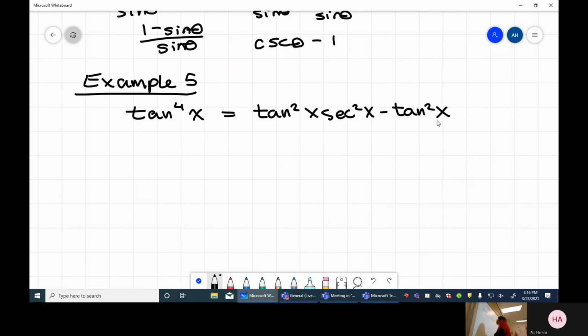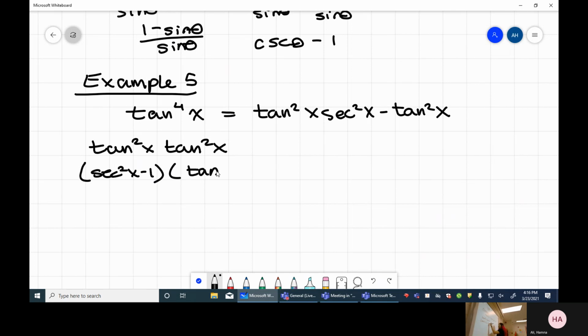So taking tangent to the fourth of x, we don't have any identities that have things going to the fourth power, but we do have identities going to the second power. So the first thing I'm going to do is just factor this to be tangent squared x, tangent squared x. And from here, I can use my Pythagorean identity because tangent squared x is going to be the same thing as secant squared x minus 1.